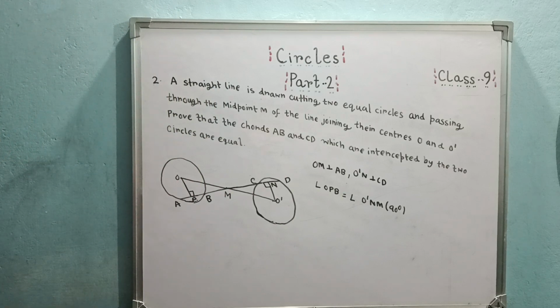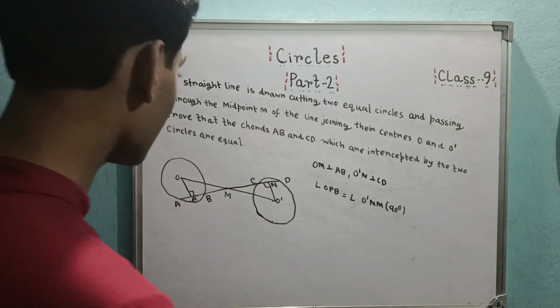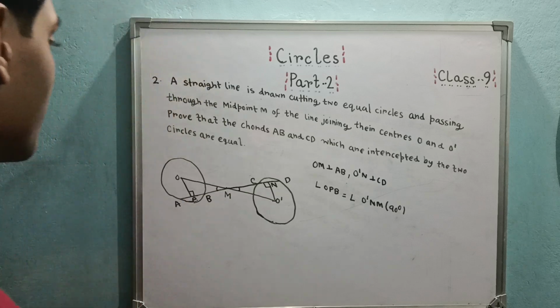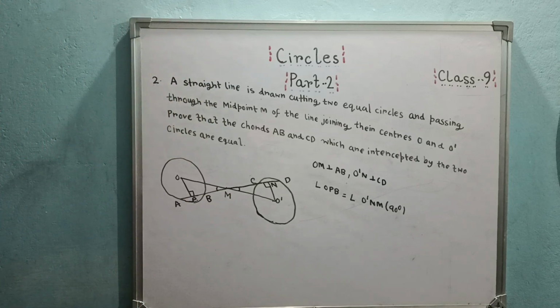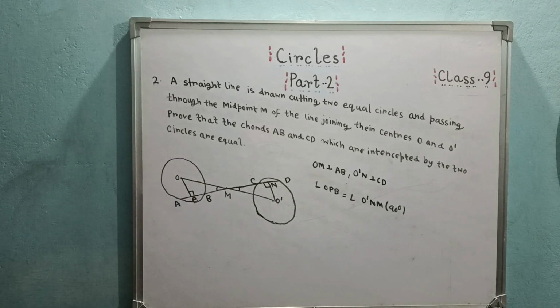Then what else do we have here? Let me just see. We don't have much. Okay, another thing. If you just carefully observe these two angles, they are vertically opposite angles.